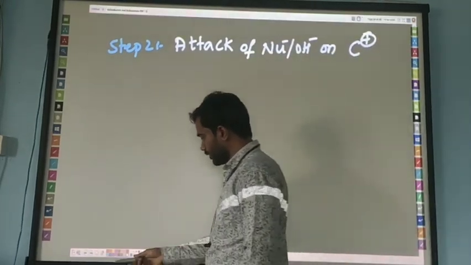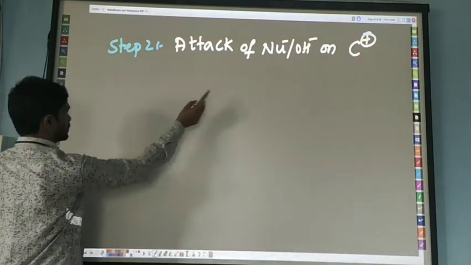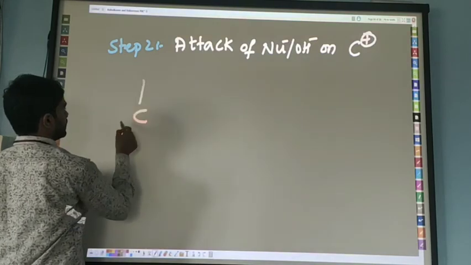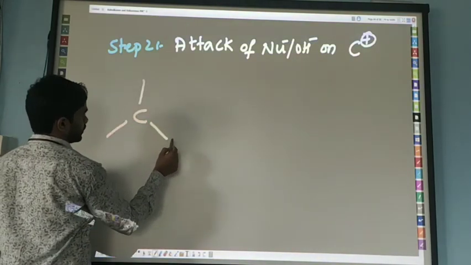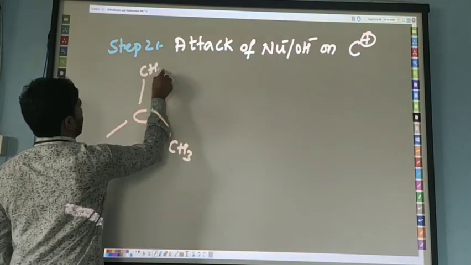Let me first write the planar carbocation complex. We already know that this step is the fastest step. Why? Because there is a formation of ions. Ionic formation reactions are always faster.